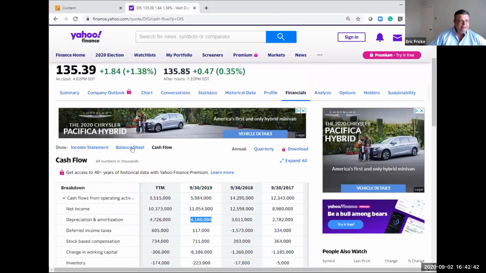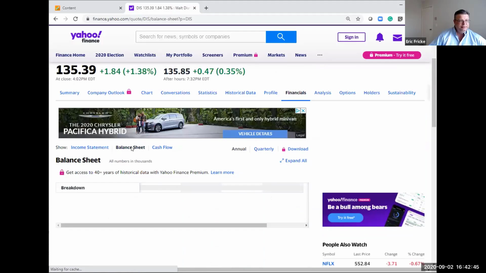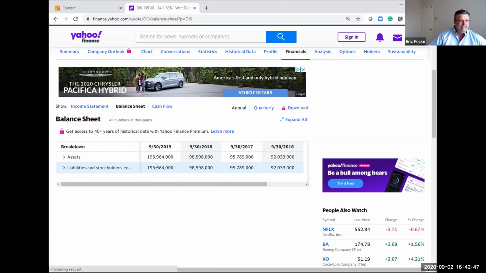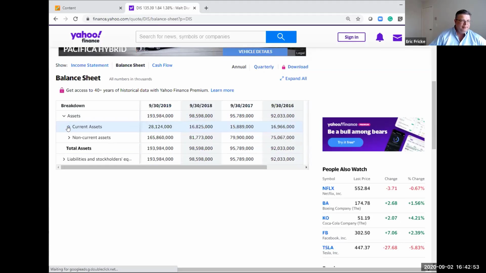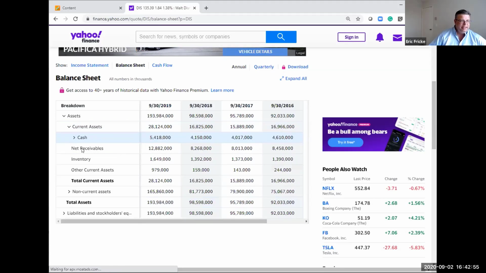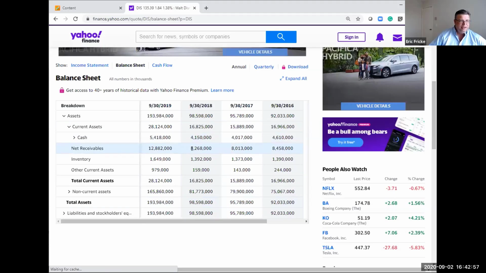And then for the balance sheet over here, again, you have to hit these little triangles to open up the accounts to see what's in them. Like here's receivables for ending 2019. Here's inventory.